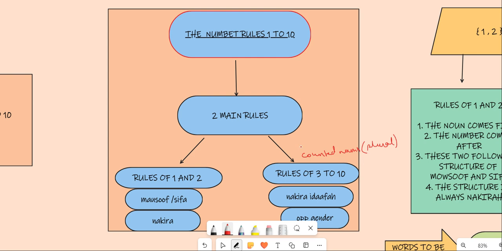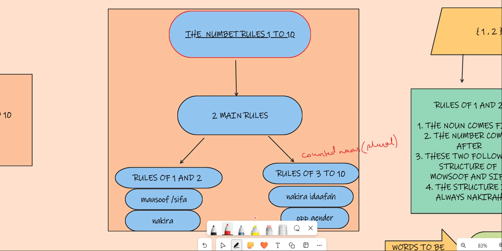So this is the basic structure that you will follow in the number 3 to 10 as nakira idafa, and the number and noun should be opposite in gender, and the counted noun will be plural. If you're counting that there are 10 boys, then the noun boys will be plural. You will take not walad but awlad. So that is what I meant here.